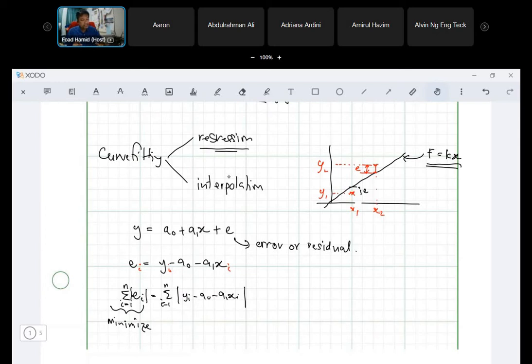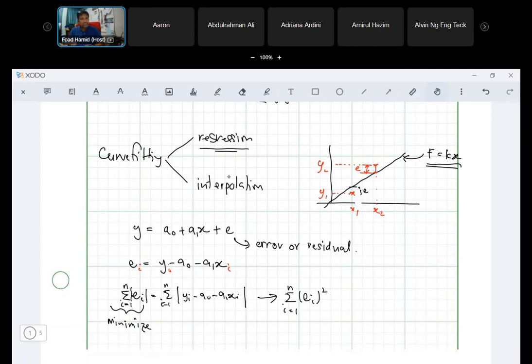Last night I was teaching my son about the absolute value. I was teaching him the meaning of absolute, and he was confused. And I told him that the effect is similar to this one, Ei squared, because when we square it, we eliminate the sign.